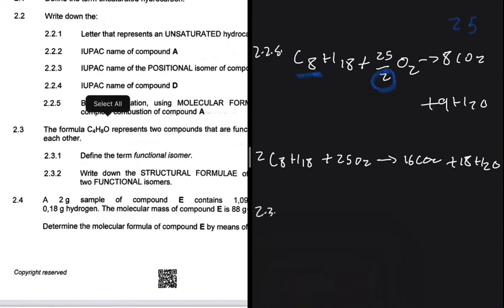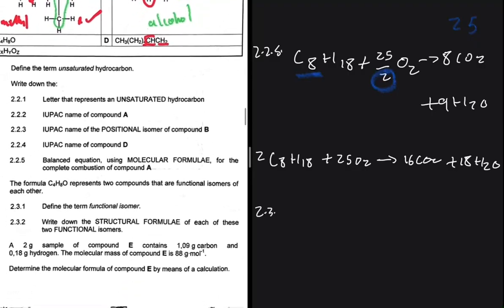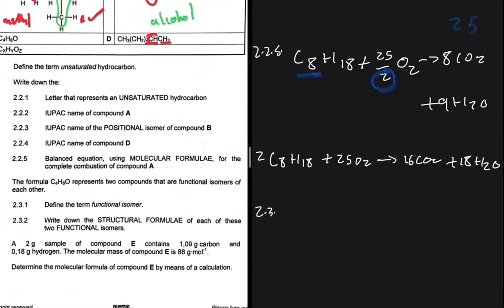So 2.3, the formula C4H8O represents two compounds that are functional isomers of each other. 2.3.1 asks us to define the term functional isomer: the same molecular formula but different functional groups. In 2.3.2, let's write down the structural formula of each of these two functional isomers.